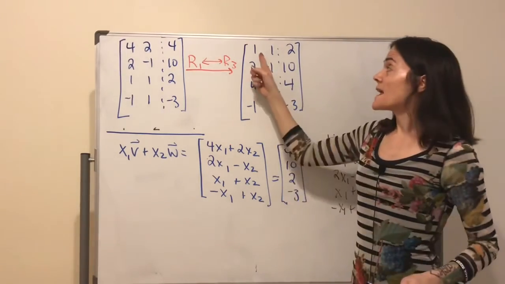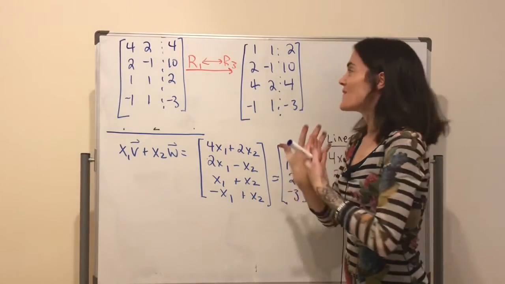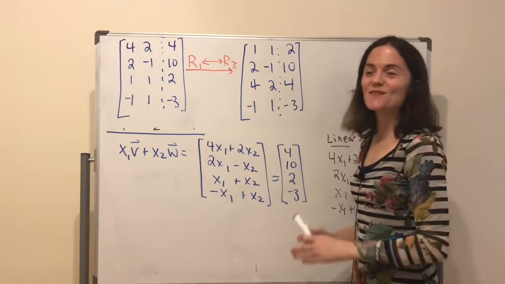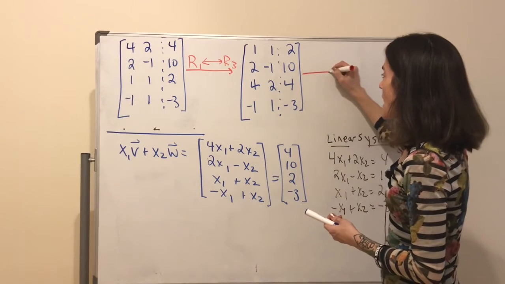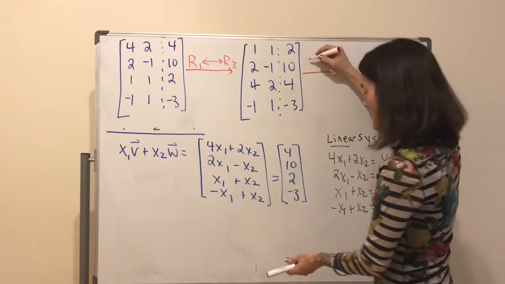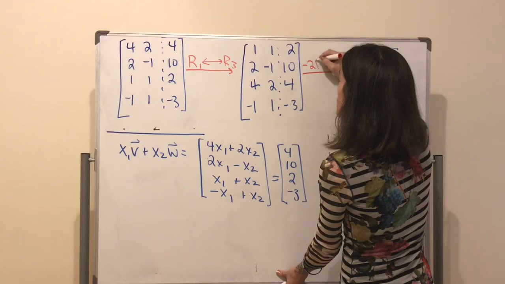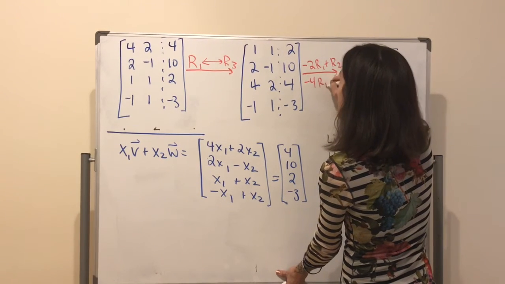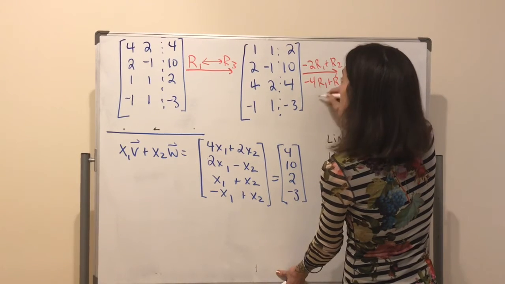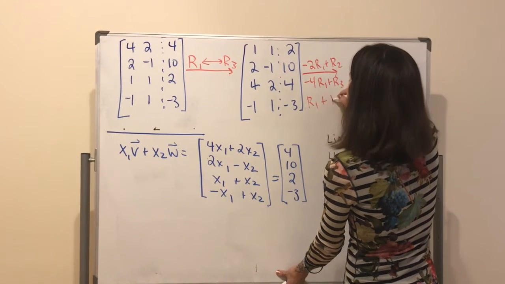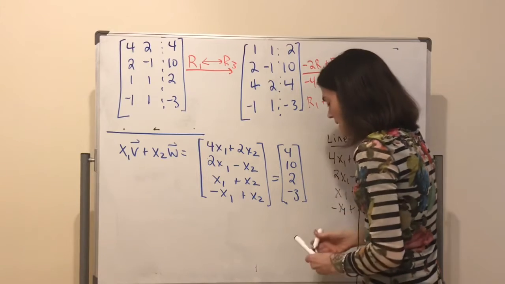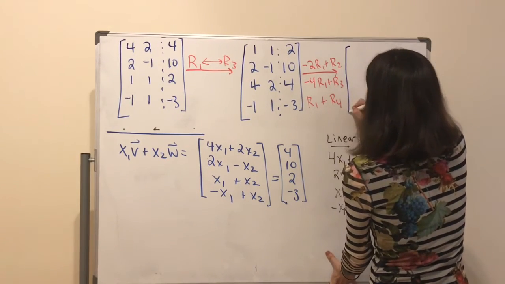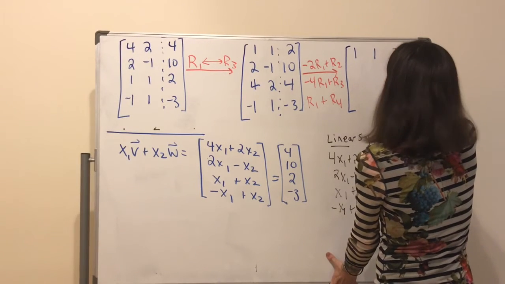Now I have a 1 here. As we know, we want to get zeros underneath so that I can move towards reduced row echelon form. I can do three moves all in one. I'll take minus 2 row 1, add it to row 2; minus 4 row 1, add it to row 3; and row 1 added to row 4. This will have exactly the effect I am looking for. This row has not changed.